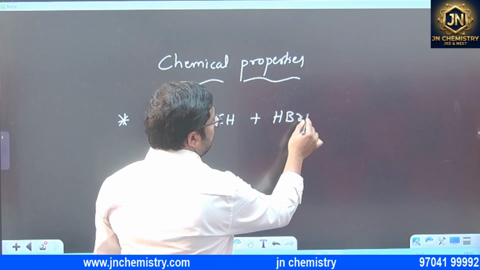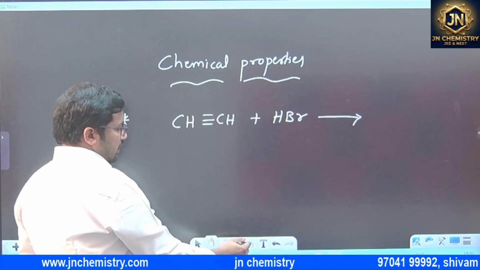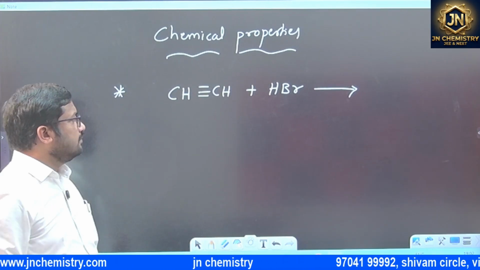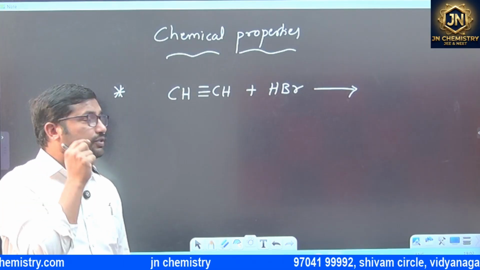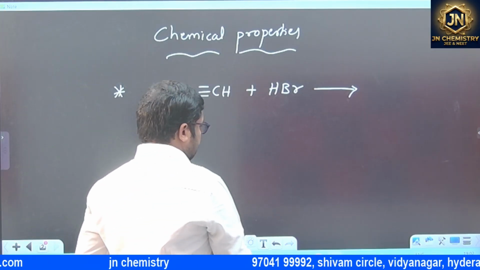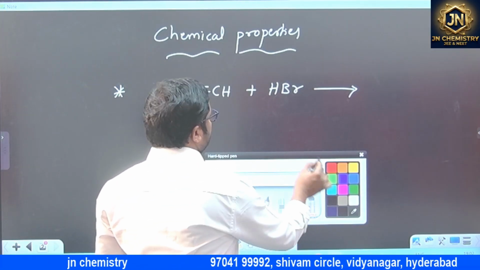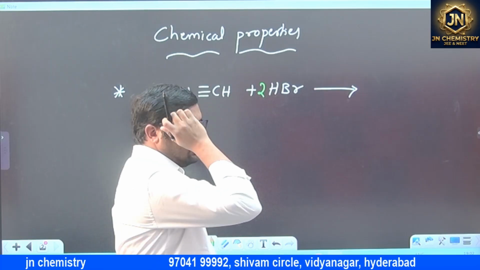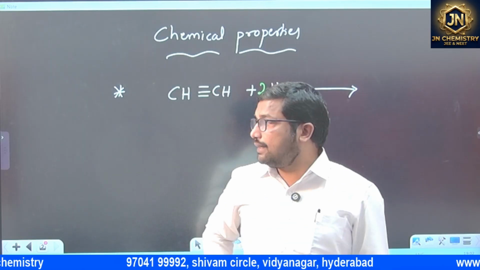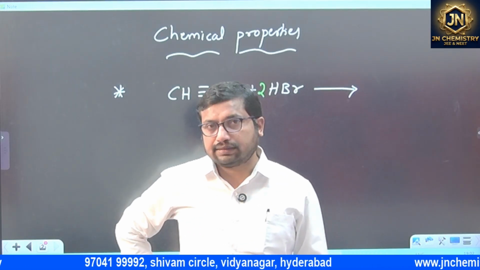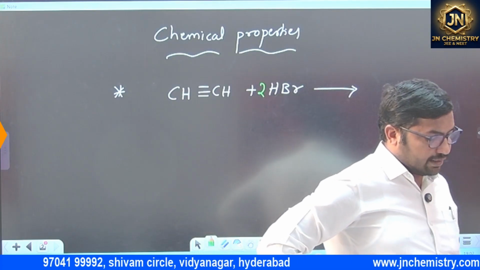Now try this product, everyone: take 2 moles of HBr and write the product. Try it on your own; right or wrong doesn't matter. Same as alkenes, it attacks 2 times.